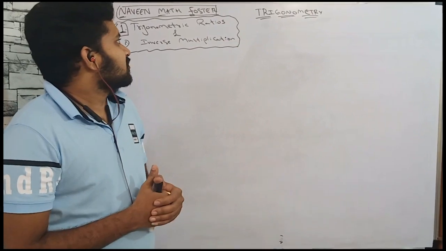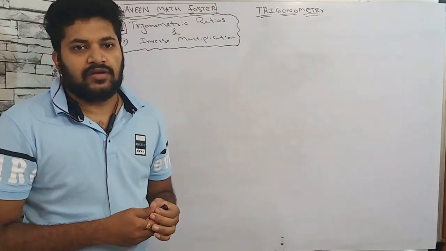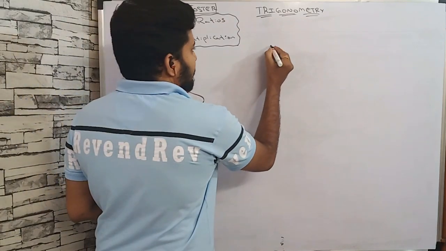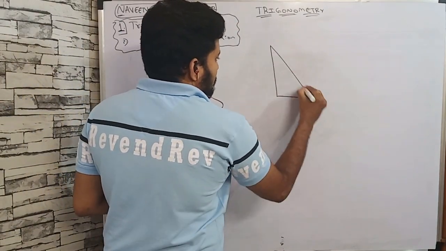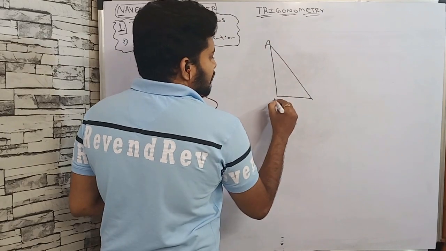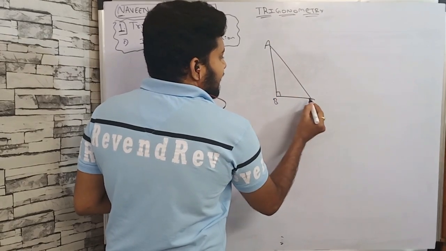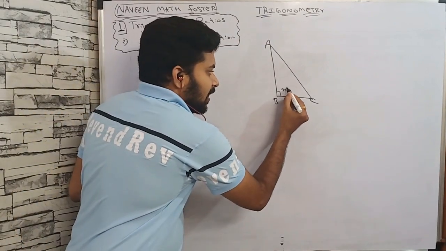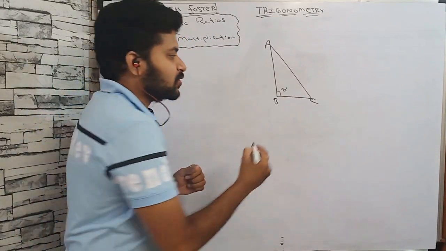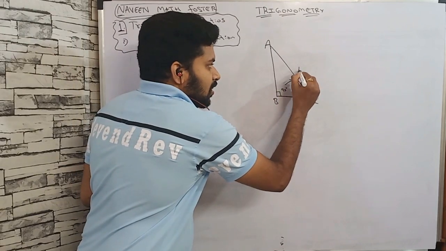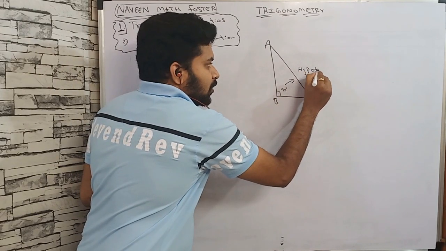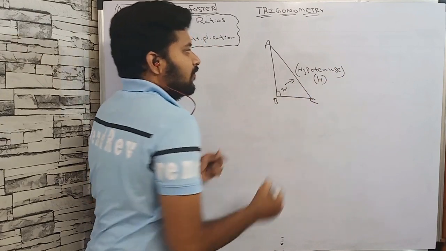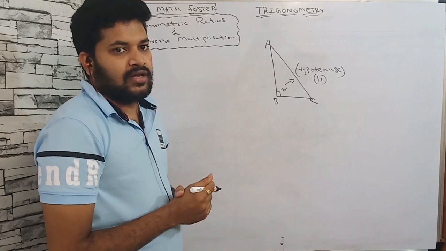Our first topic is trigonometric ratios and inverse multiplication. First of all you should know about the right angle triangle. Let us name it A, B, C with the right angle at B. A right angle is nothing but 90 degrees, and the side opposite to this 90 degrees is the hypotenuse, which is the longest side in a right angle triangle.